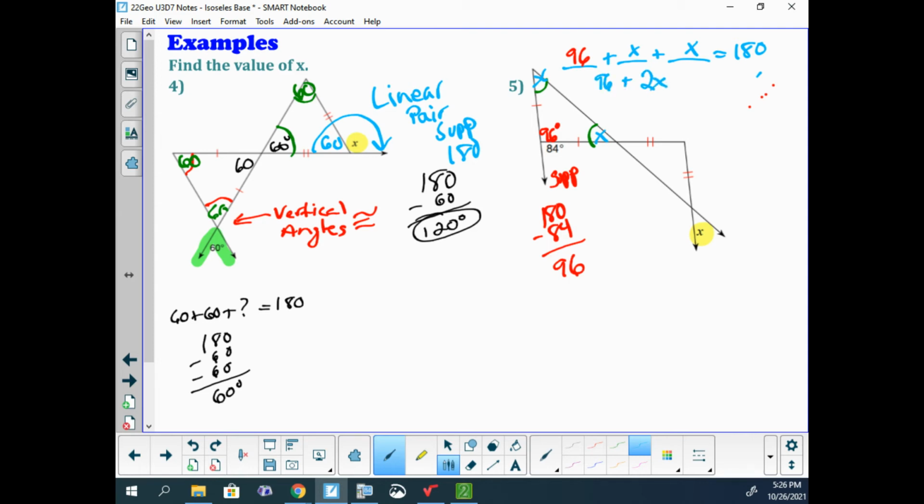We have this 96, and it's equal to 180. So we're going to subtract that 96 and then divide by 2. 180 minus 96 is 84, and then divide that by 2. So 84, divide that by 2, 42.